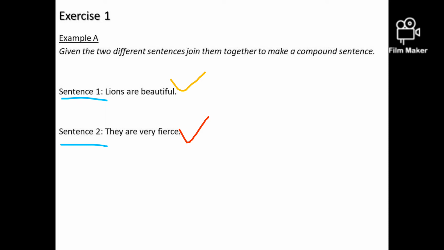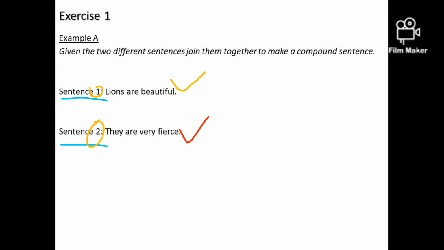Lions are beautiful as the first phrase. They are fierce as the second sentence. So how do we join these two separate clauses so as to make a compound sentence? How do I join these two different phrases so as to make a compound sentence?